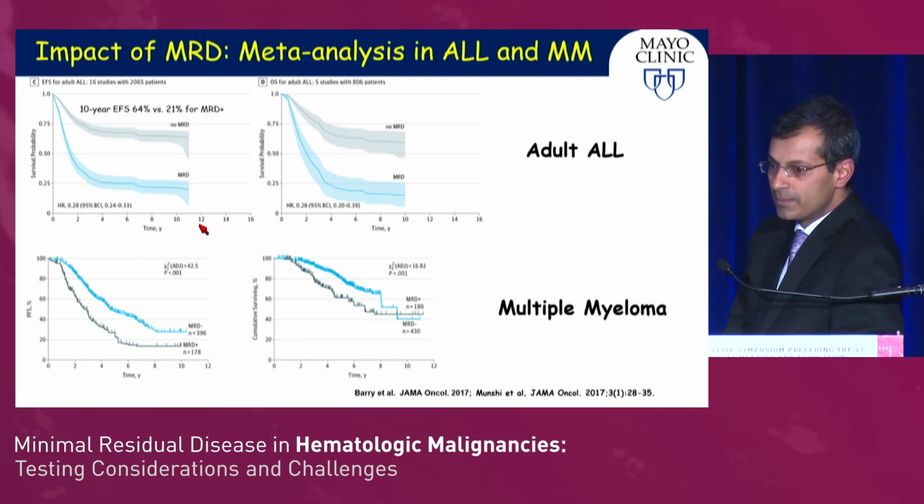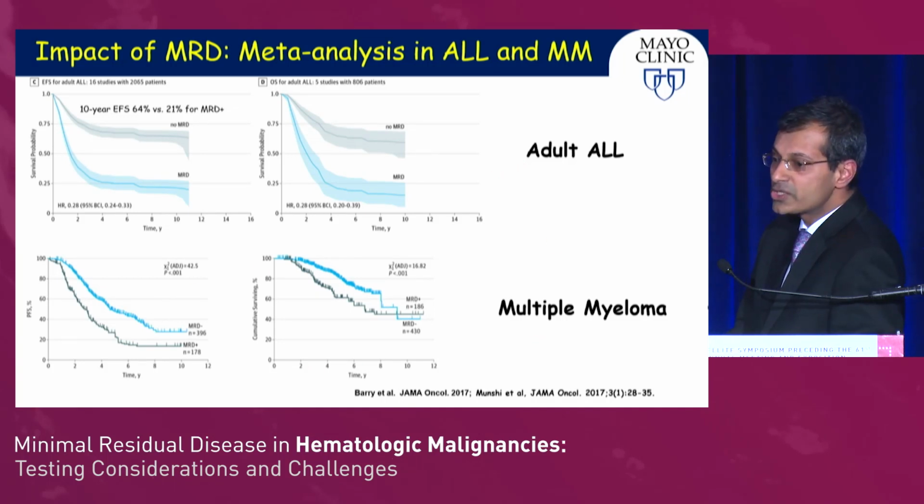And this was noted across all age groups, across all disease subgroups, and patients showed not only an improvement in progression-free or event-free survival, but also an improvement in overall survival if they had achieved an MRD negative state.